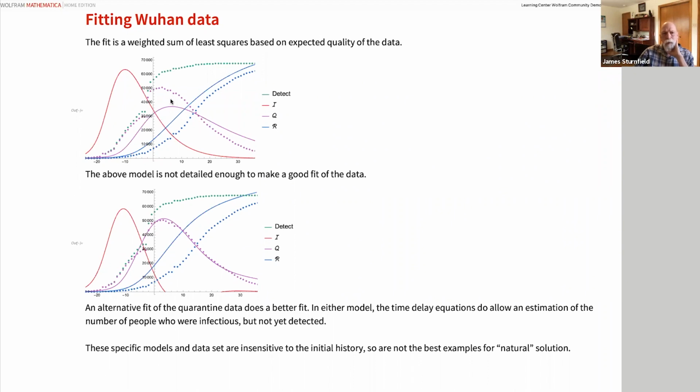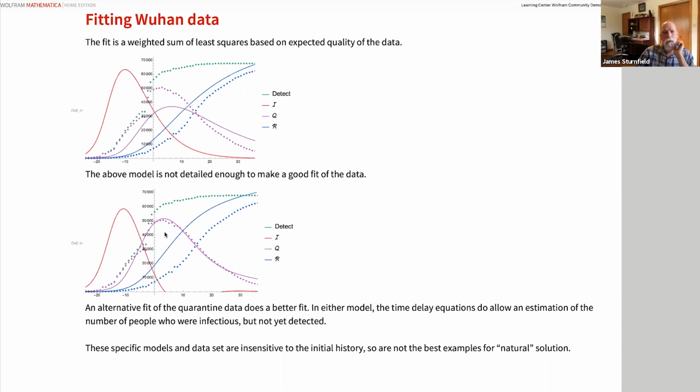And the model isn't quite good enough. This is the standard fit as we try to fit the two pieces of data that correspond to our model. We have this infectious undetected group that isn't available through measurements, but this gives an indication that we can get an estimate of how many people were infected at various times, which could be useful.